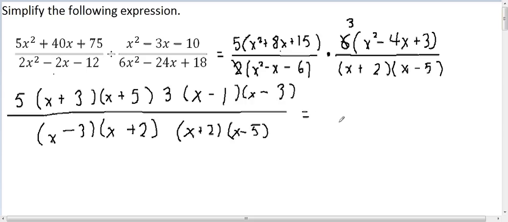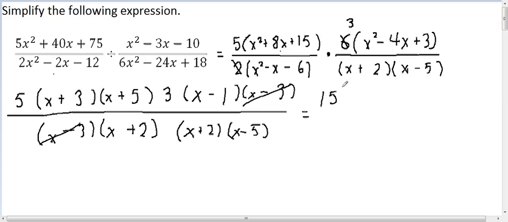And now we just go ahead and cancel whatever matches in the numerator and the denominator. x minus 3 matches x minus 3, and nothing else matches. For example, we have a plus 5 and minus 5 here, so we can't cancel them out. So let's go ahead and combine what we can. 5 times 3 is equal to 15.